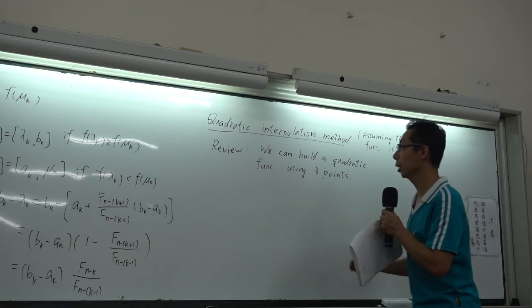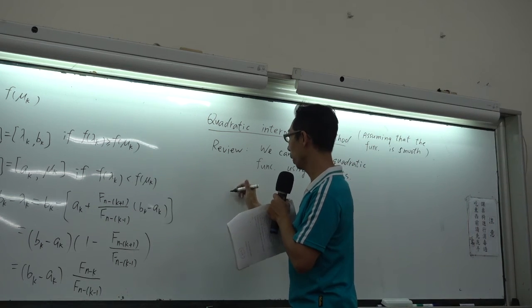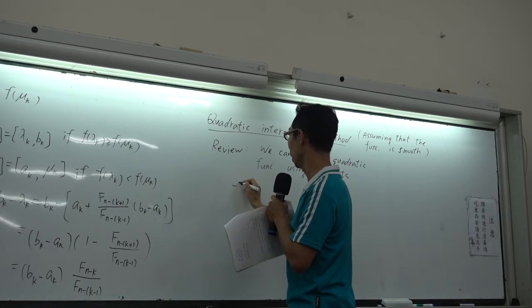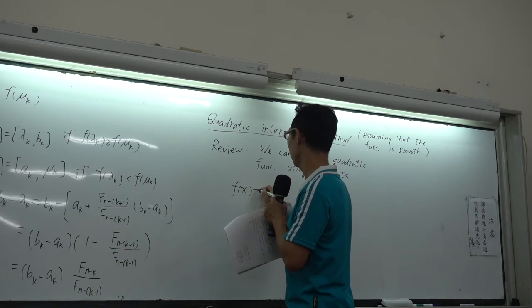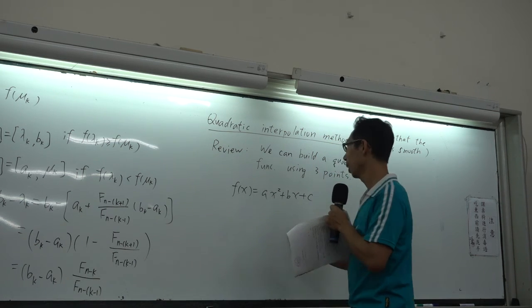Do you guys remember this? Okay, because basically the format of a quadratic function is like let's say f of x equals ax squared plus bx plus c, right?